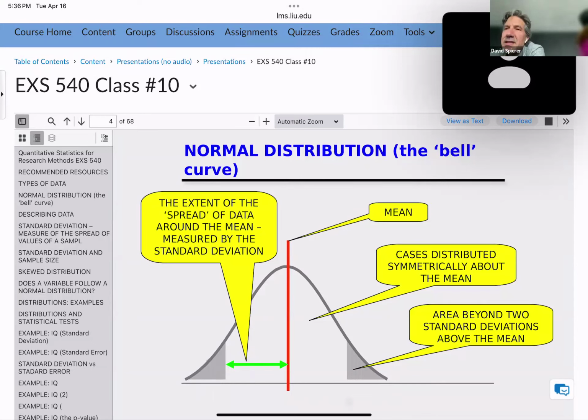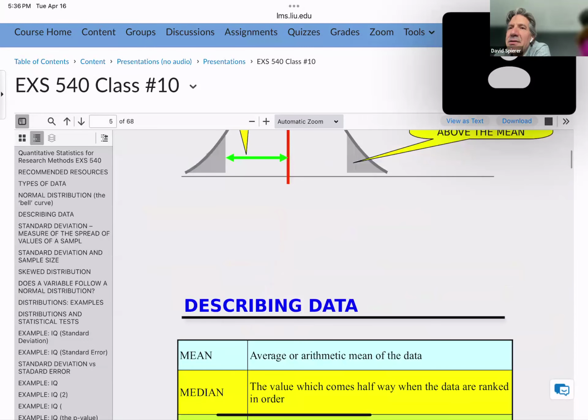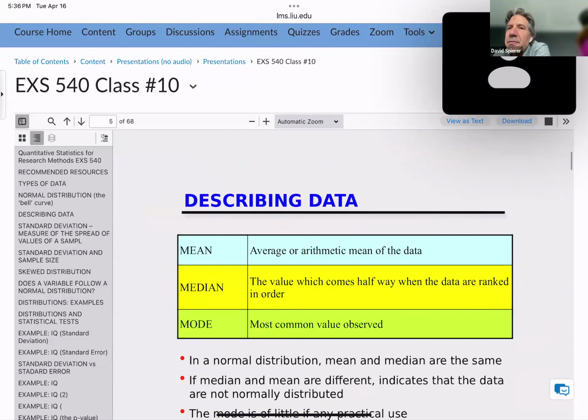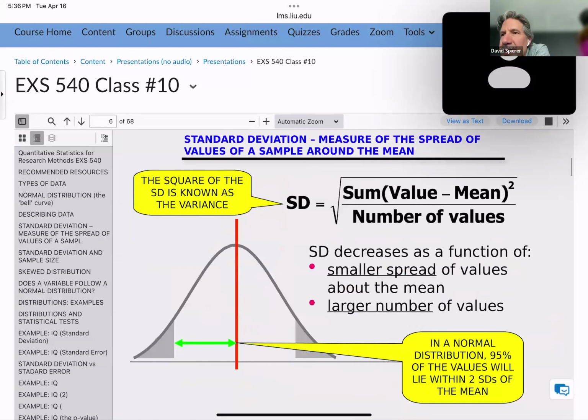But the key to this is that the further the data is from the mean, the worse the data is, and the less it tells us. Again, we went over this equation, but when we have a normal distribution of data, which doesn't always happen, but for the most part, I would say data is around a normal distribution.